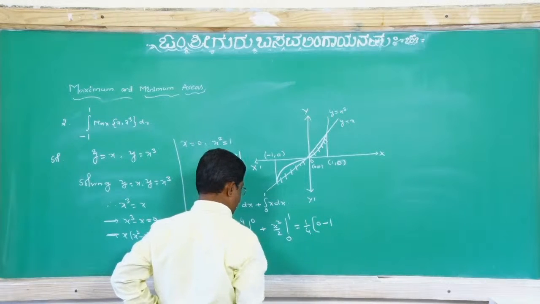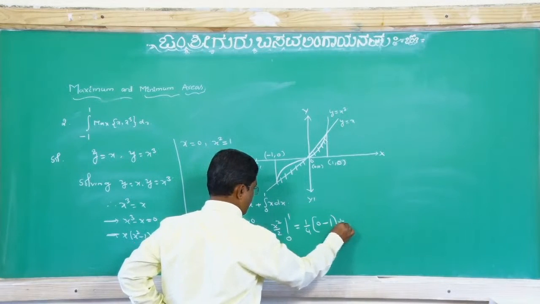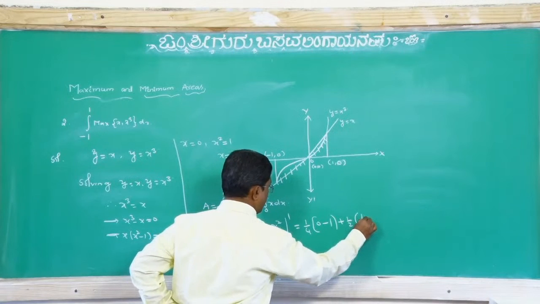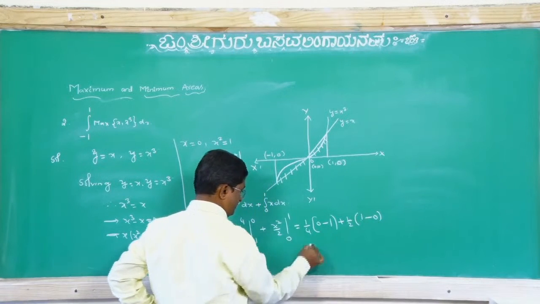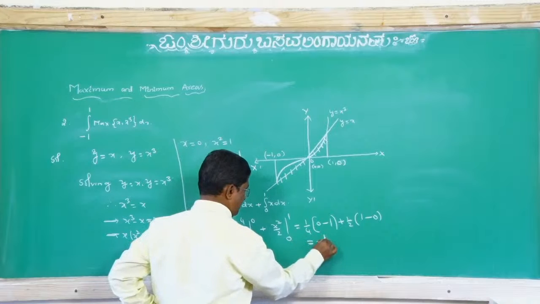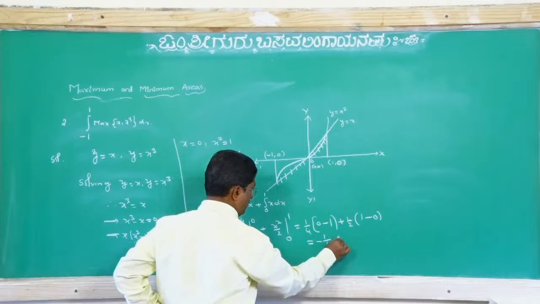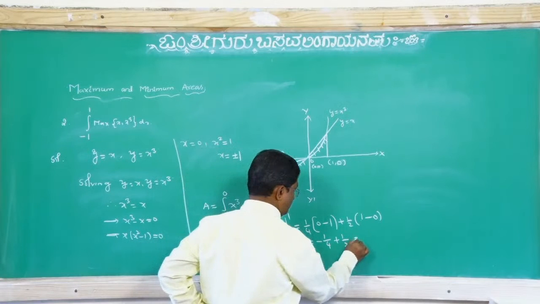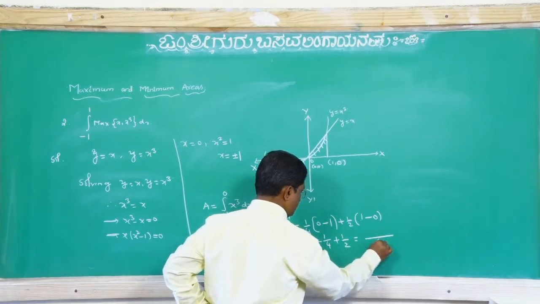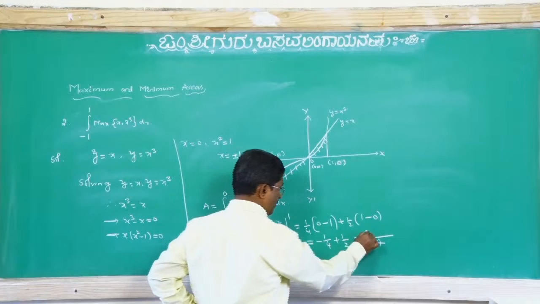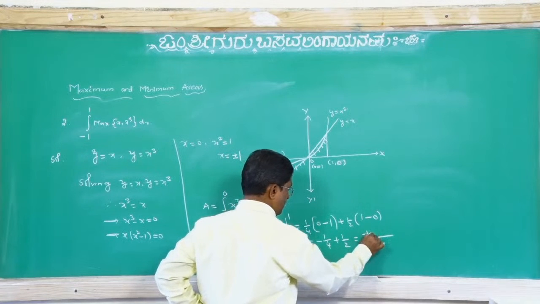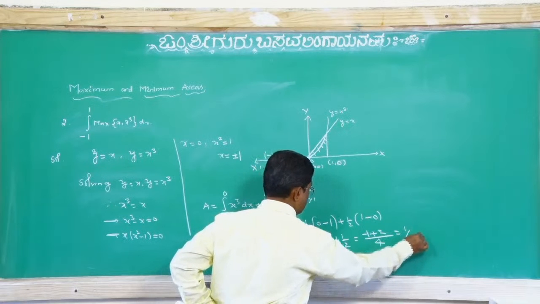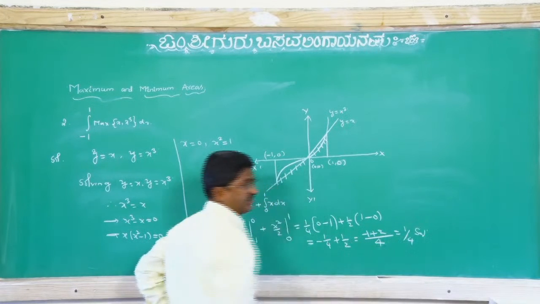Already the minus sign is there. Plus 1 by 2 into f of upper limit 1 minus lower limit 0. This is equivalent to minus 1 by 4 plus 1 by 2. Overall, LCM is 4. 4 divided by 4 equal to 1, nothing but minus 1. 4 divided by 2 means 2. 2 minus 1 equal to 1, so 1 by 4 square units.